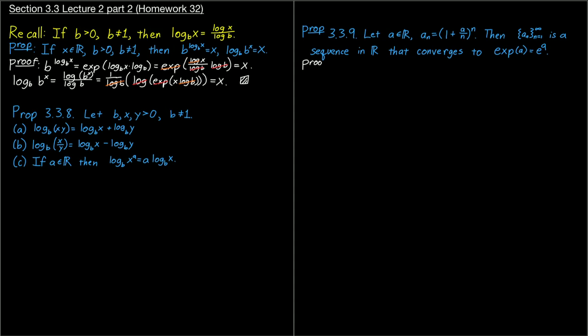Now, the proof of this will, of course, require dealing with exponents and logs, but that shouldn't surprise you too much. If you're going to prove it's equal to exp, you're going to need to use some things about exp.